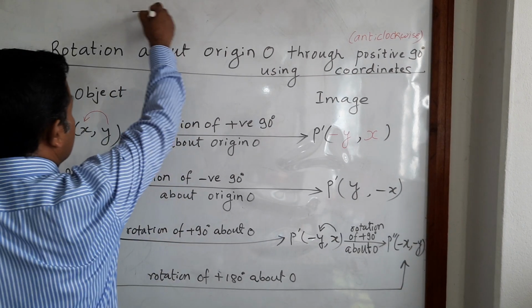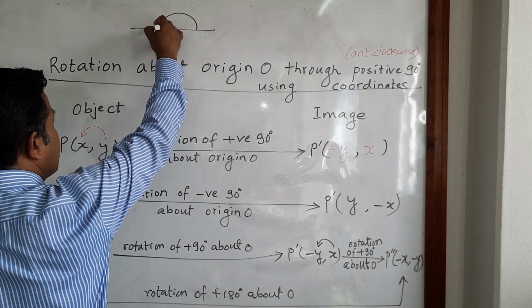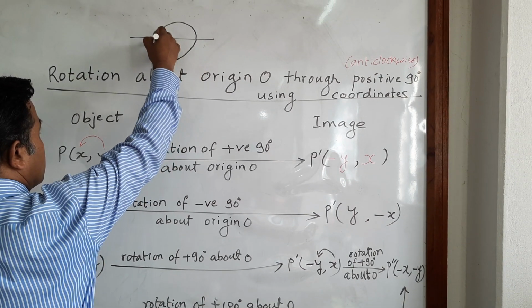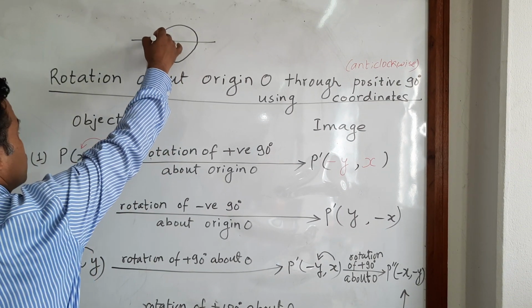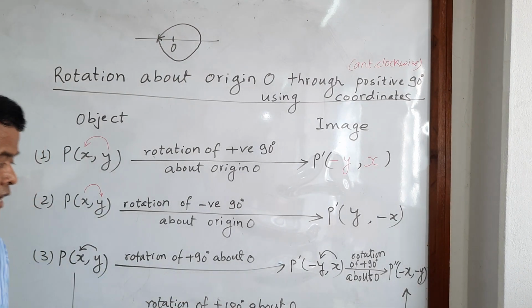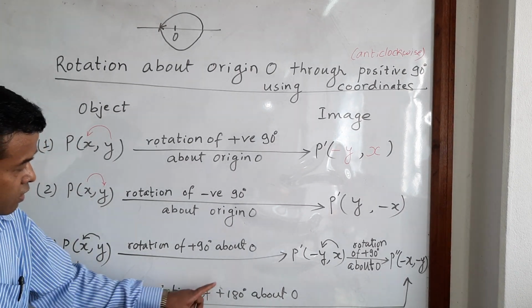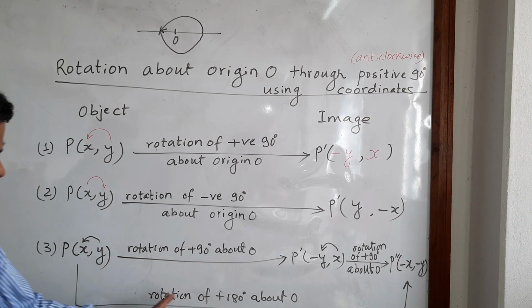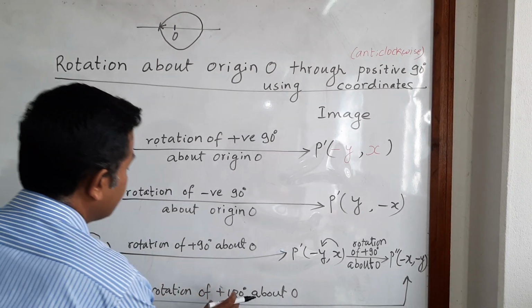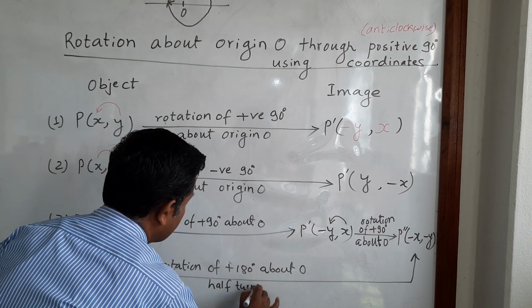Look here. So from the origin O, if you rotate any point in the anti-clockwise direction, you reach this place, and if you rotate this point in the clockwise direction through 180 degrees, you also reach the same place. So for rotation of 180 degrees about the origin O, it is not necessary to say clockwise or anti-clockwise. We can simply say 180 degrees about the origin, and 180 degree rotation is also known as a half turn.